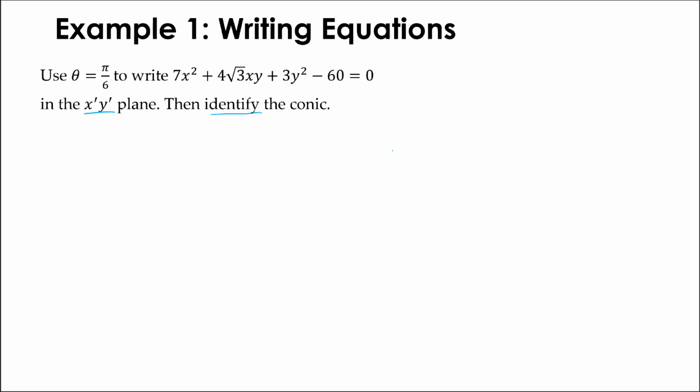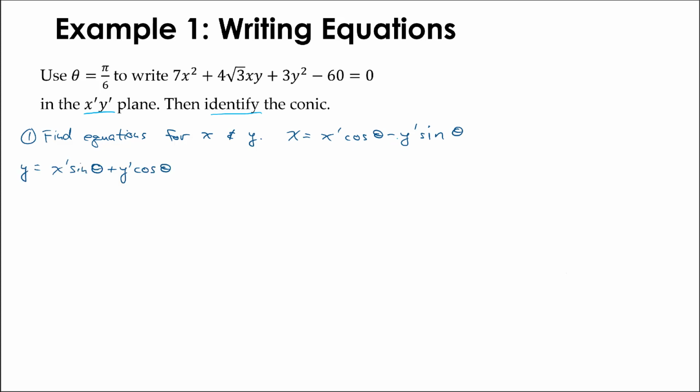So first thing we're going to do, we need to find our equations for x and y. Now we know the generic equations that we have here. I've got one up here for x, and then here for y. So for x, we're given our angle theta, so we can really just plug that right in.